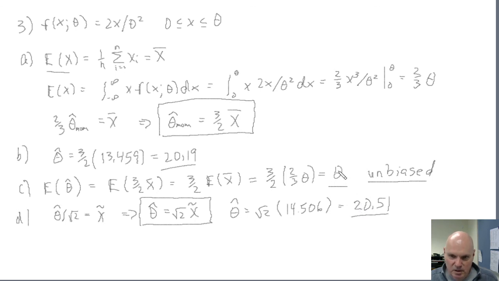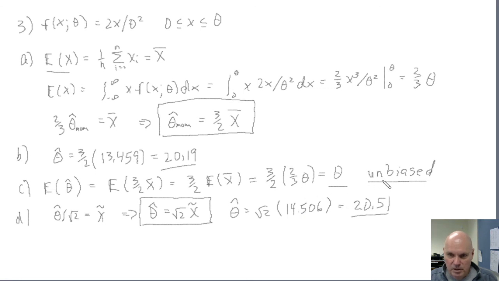One of the things we could do is, via computer simulation, look at histograms of these two estimators, and we'd be looking at two things. One is bias.